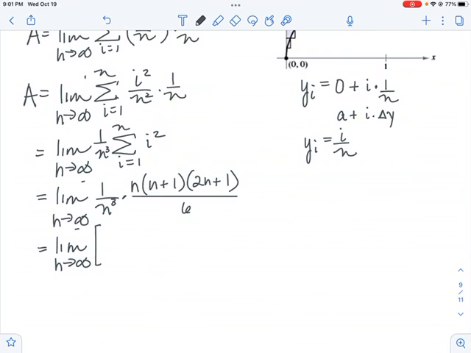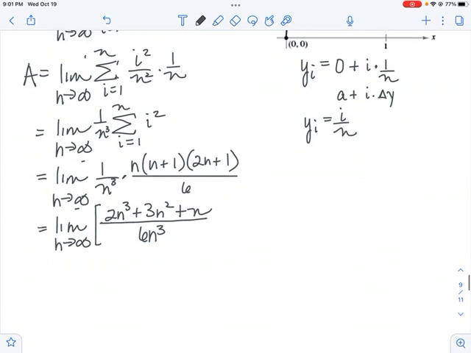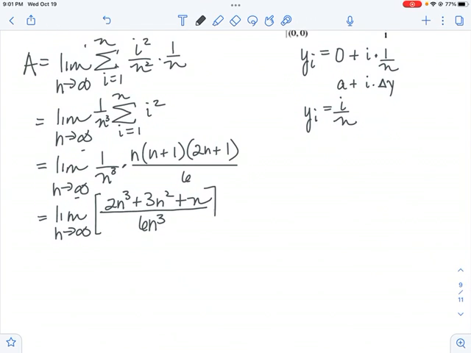So I've got the limit as n approaches infinity of 2n cubed plus 3n squared plus n over 6n cubed. After a while you get used to this, and sometimes I would just write 2n cubed over 6n cubed and be done with it. So here you can see that we get 2 over 6, or 1/3. So this area is 1/3.